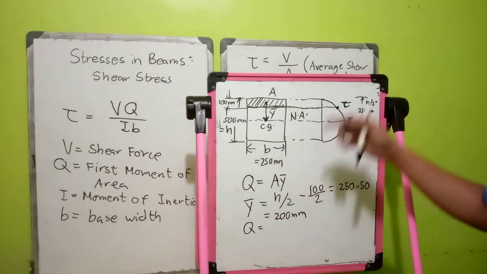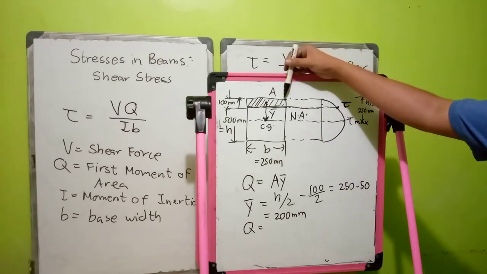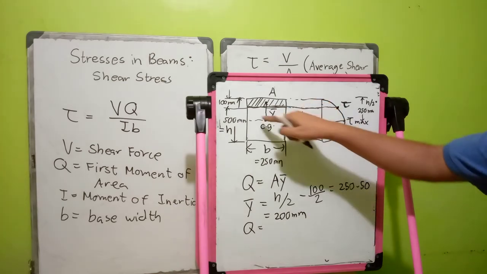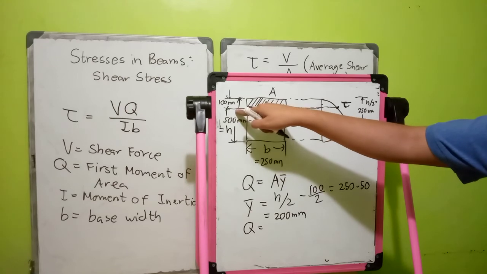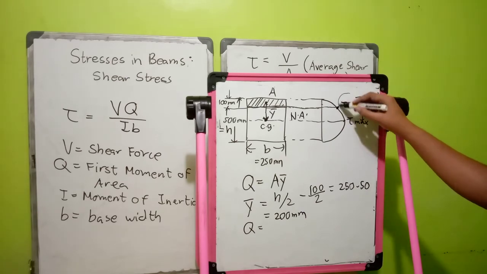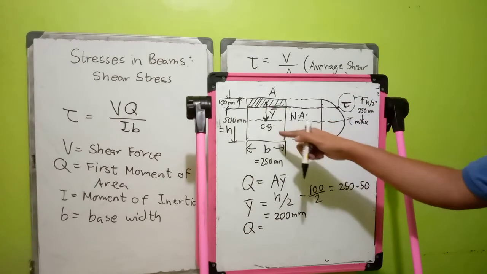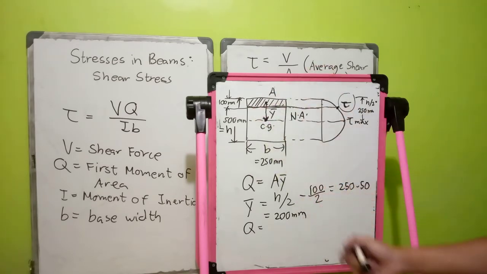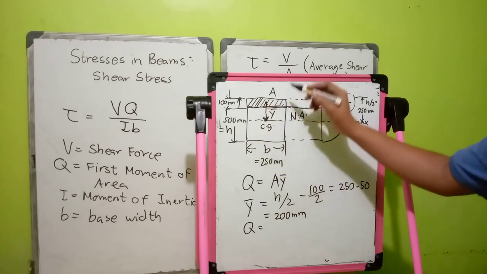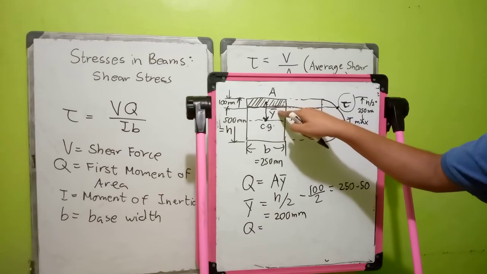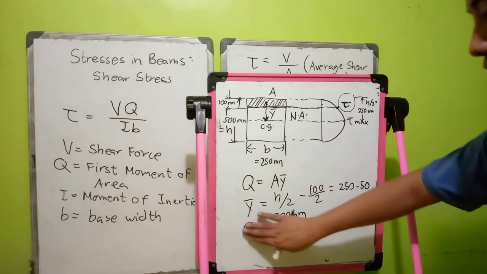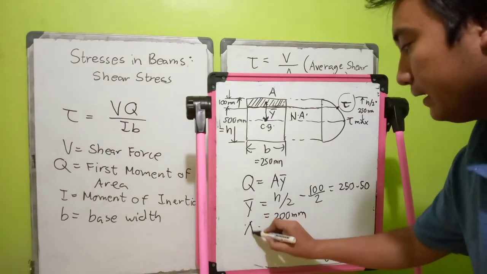So Q is equivalent to A. When we say area, we're talking about the area at the top of that 100 mm, since we are trying to find the shear stress located 100 mm from the top of the cross-sectional area of your beam. So we'll find this area.